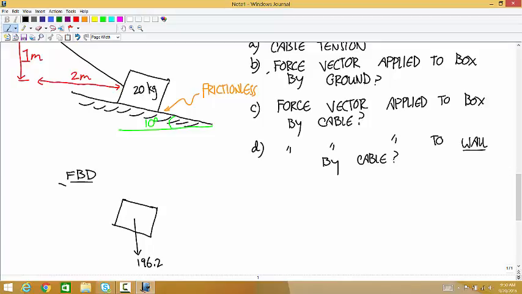Then there's the contact with the ground. What type of contact comes from the ground? That's a frictionless contact. It's a pushing force, so it's perpendicular to that surface toward the chosen body. I'll call that N, but you could give that any scalar variable name.